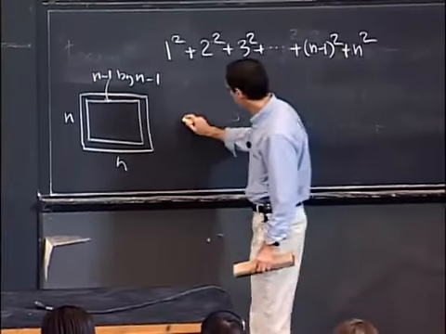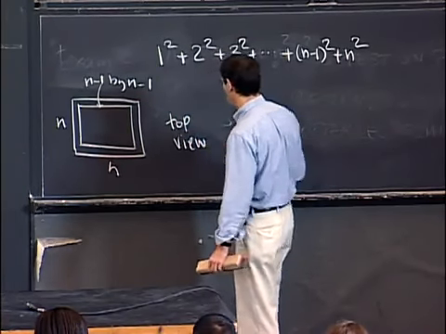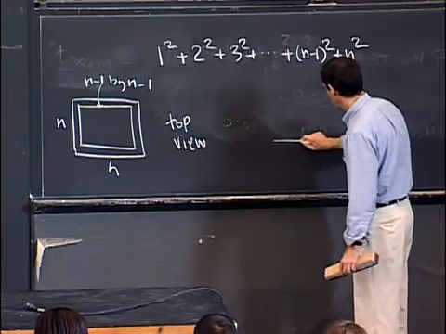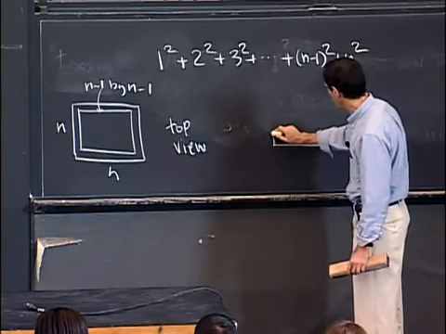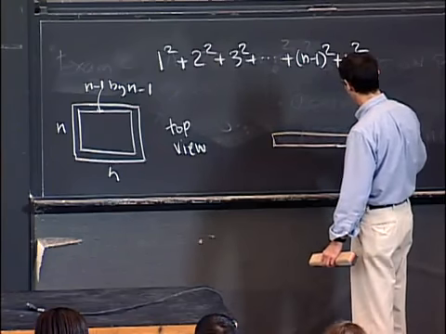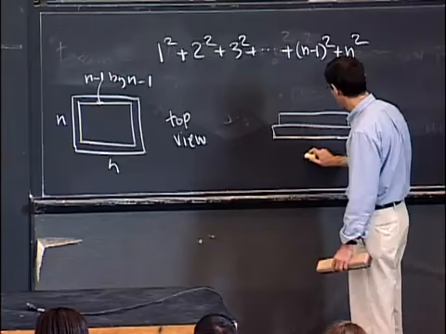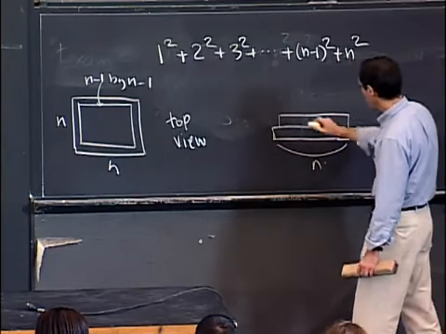Now this is, if you like, the top view. But perhaps we should also think in terms of a side view. So here's the same picture. We're starting at n, and we build up this layer here. And now we're going to put a layer on top of it, which is a little shorter. So the first layer is of length n. And the second layer is of length n minus 1.